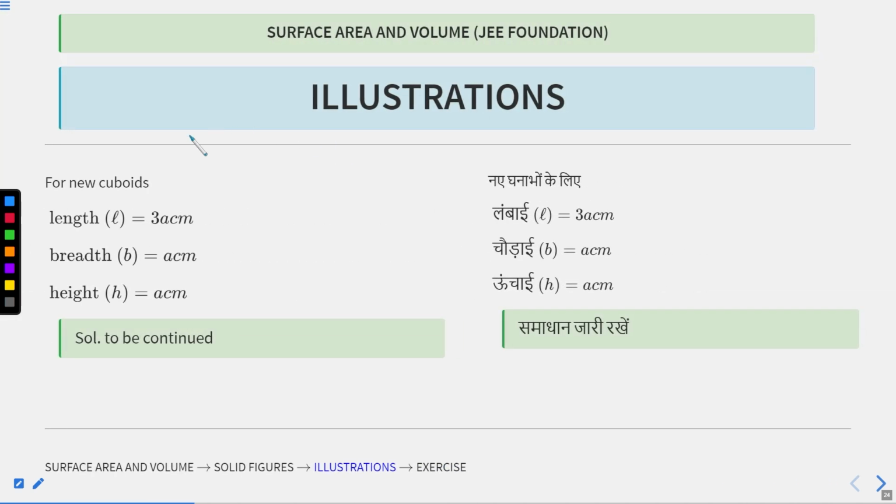Now if you see the new cuboid, it was formed by these three cubes: the first one, the second one, the third one, these are all cubes.